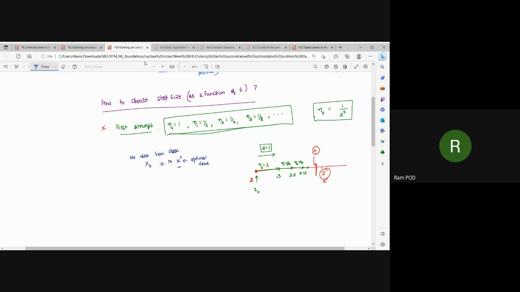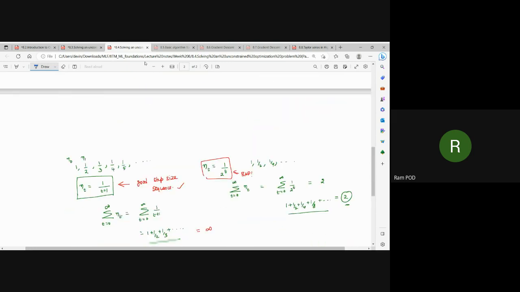Even after infinite iterations, you may not reach the actual solution. We'll just be stuck somewhere around 4. We'll just be coming close to 4, but you'll never reach 5. So we do not want to reduce our step size too much.